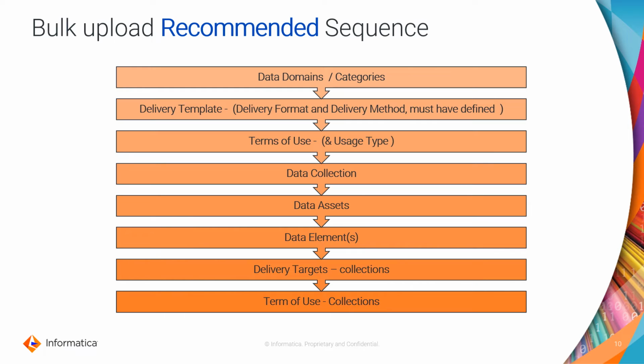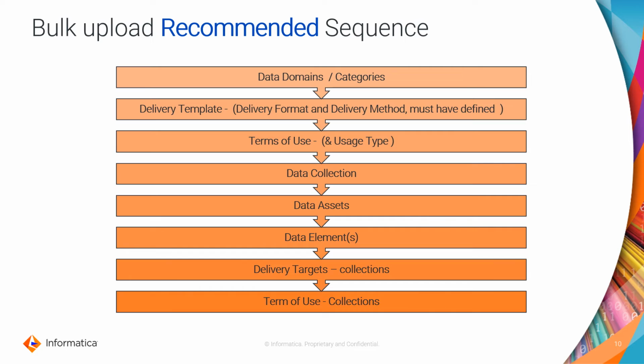Data elements can be uploaded in bulk, or they might be part of the data asset published from the Cloud Data Governance catalog. Data elements must be associated with a data asset. Delivery targets for a collection use a specific template, where data collections can have more than one delivery template as well.